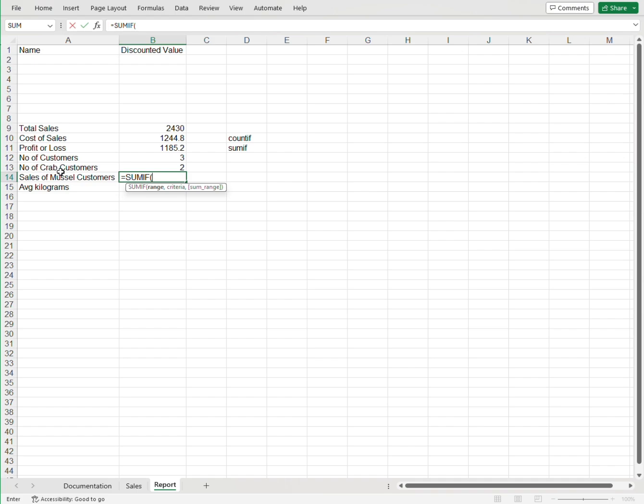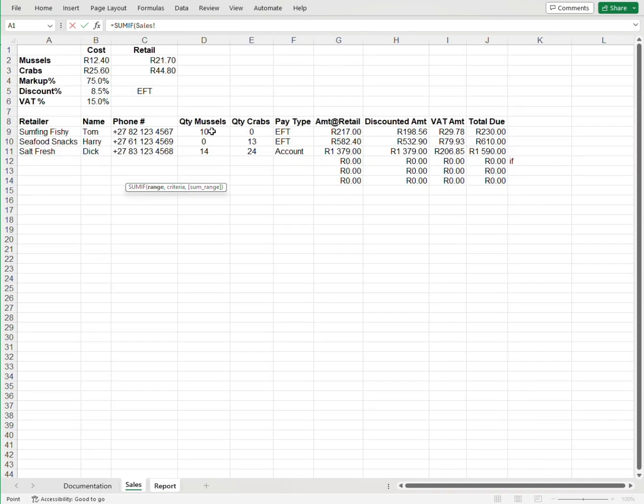So we'll come this side and select the range. How do we see that this person is a mussel customer? That we have items here. If there is 1, it means we have 1 customer. If it's 0, we don't have a customer. So how many customers do we have for mussels? We have 2 customers. I'm hoping everyone can understand that.